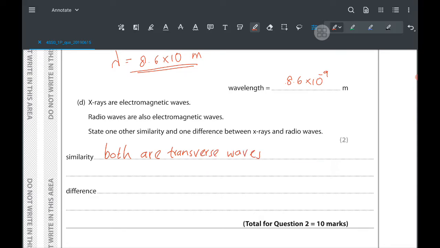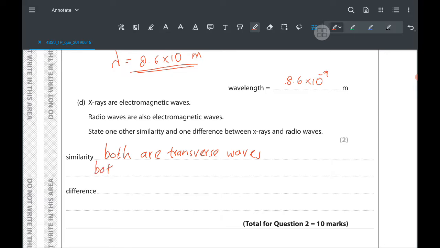In addition to this, they have only asked for one, but I will discuss other things. Electromagnetic waves can travel through a vacuum, and when traveling through a vacuum they have the same speed as light. We can simply say they don't need a medium to travel. We will write that one.